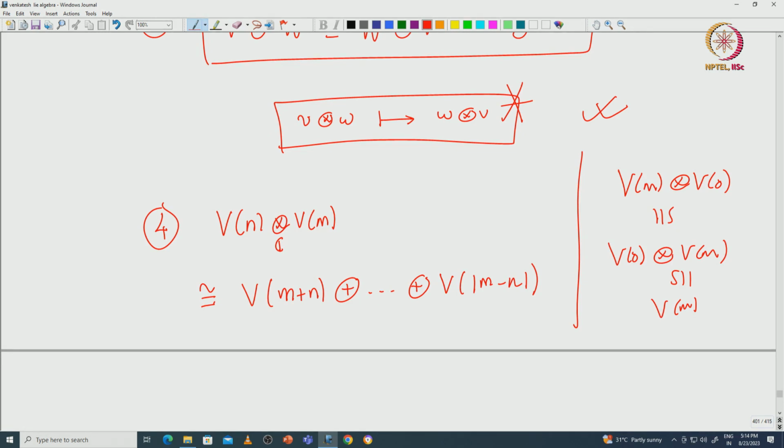The multiplicity of these modules is 1, and exactly these modules will occur in this tensor product. This is actually a very interesting exercise.